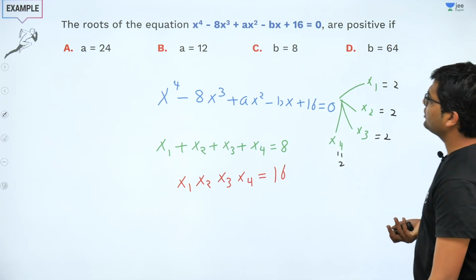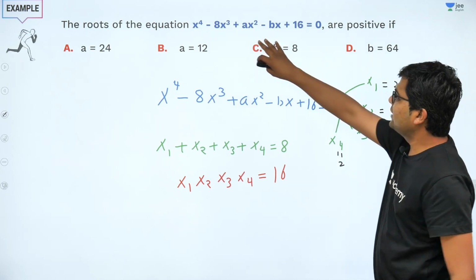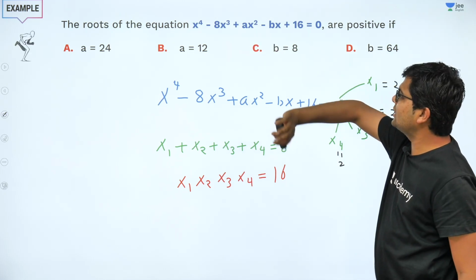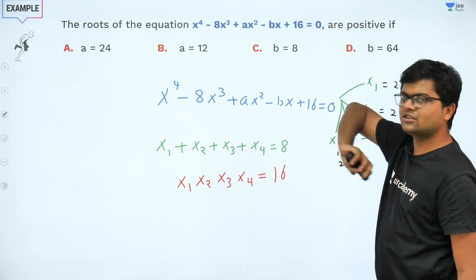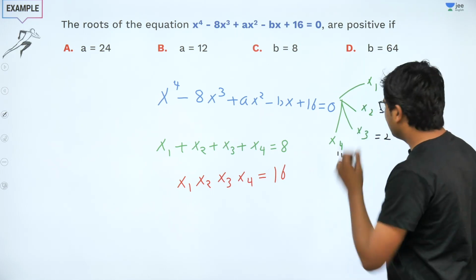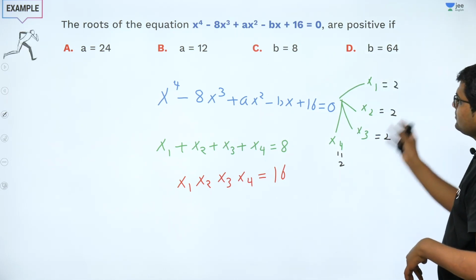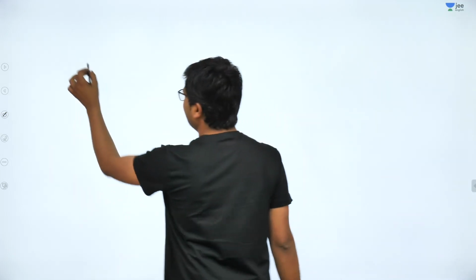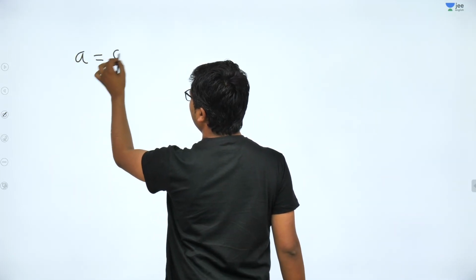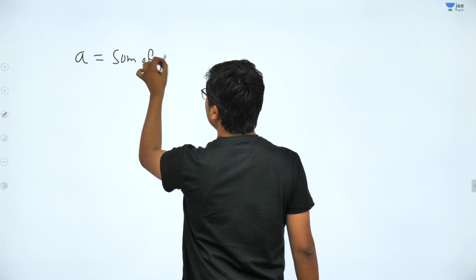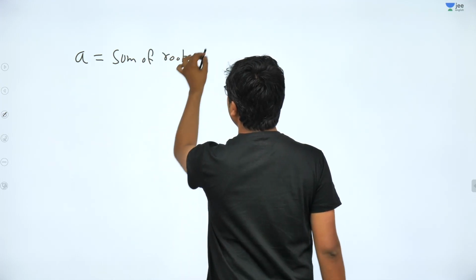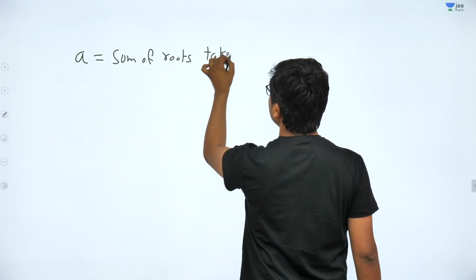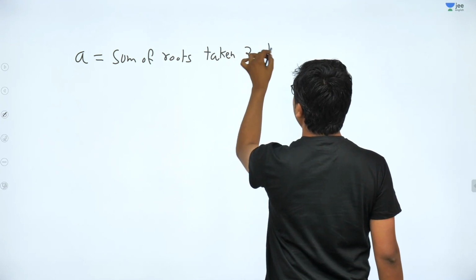Now what we need to find out is a or b. Now what is a? a is the sum of the roots taken 2 at a time, and b is the sum of the roots taken 3 at a time. Let me calculate a. a is equal to the sum of roots taken 2 at a time.